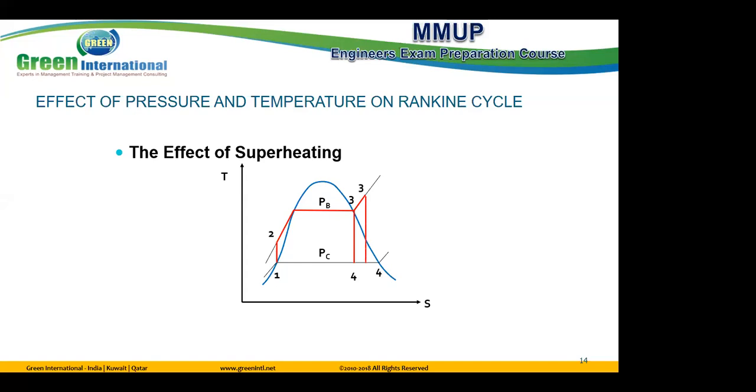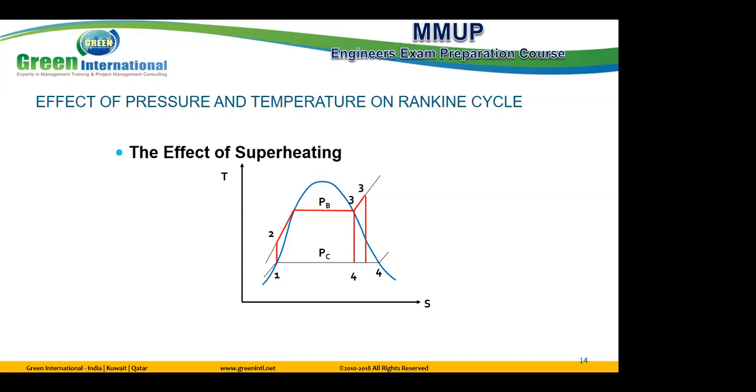So you will study three ways to increase the efficiency. First way, decrease condenser pressure. It means the lower pressure goes even lower. Second way, increase the boiler pressure, meaning the high pressure line increases more. Last way, superheating: increase the temperature of the output of the boiler.